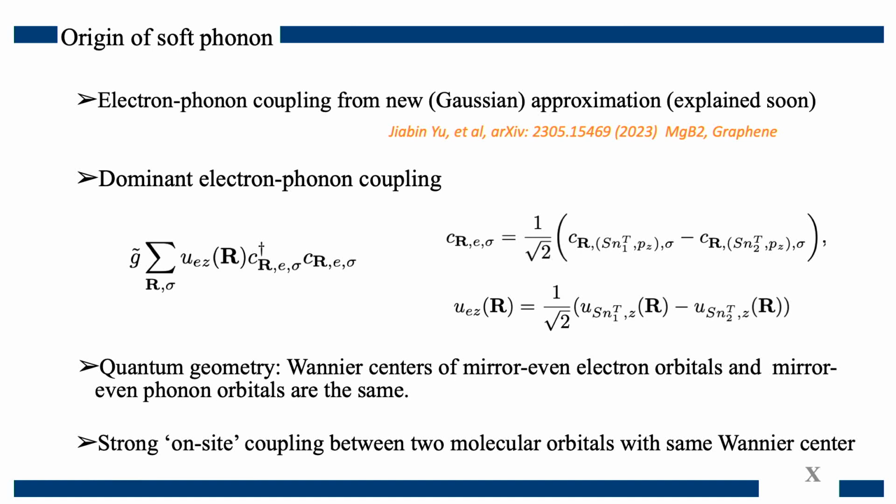And this Gaussian approximation basically in the end tells you that the largest electron-phonon coupling, and this is what you ask, how do you figure out which is the largest electron-phonon coupling, is when you couple the phonon with the electron of the same Wannier center. So it kind of makes sense in the end.